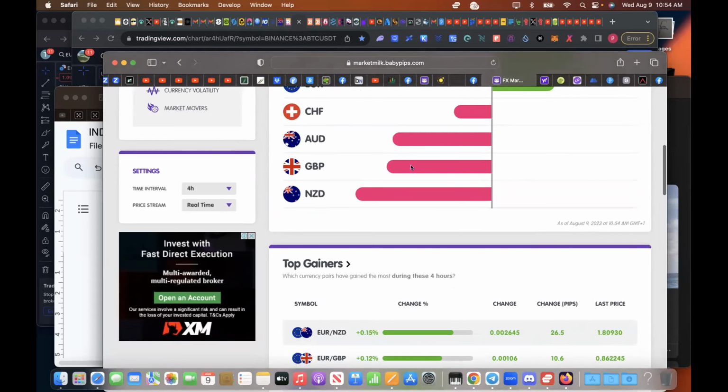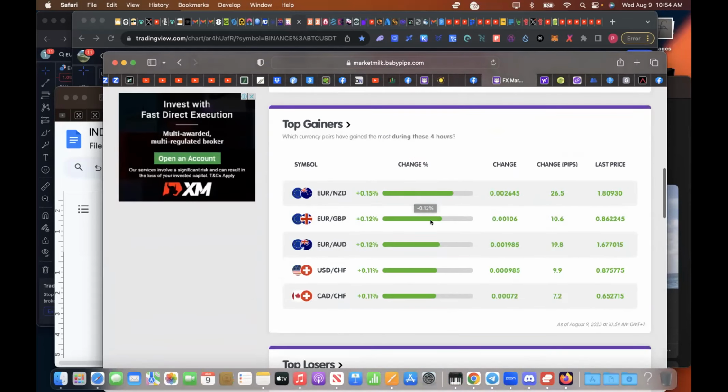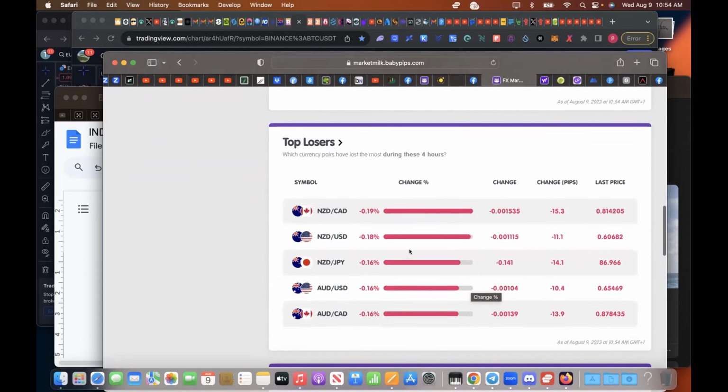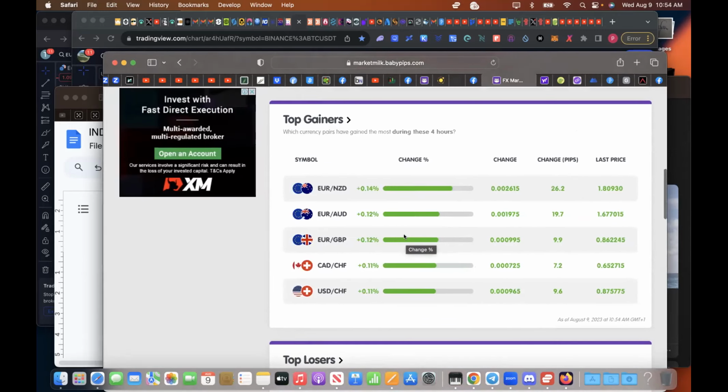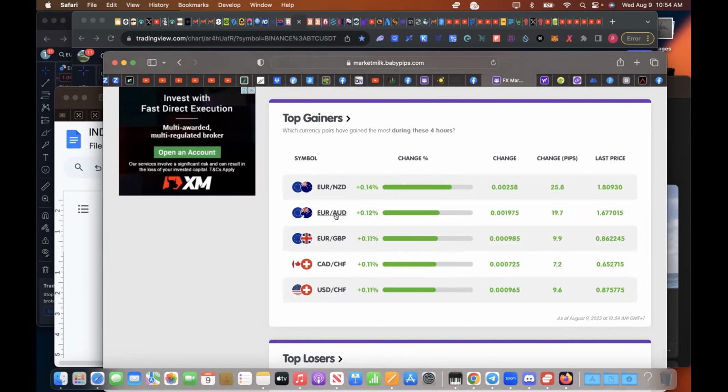So that means GBP USD should be selling. Euro AUD. Euro GBP should be buying.